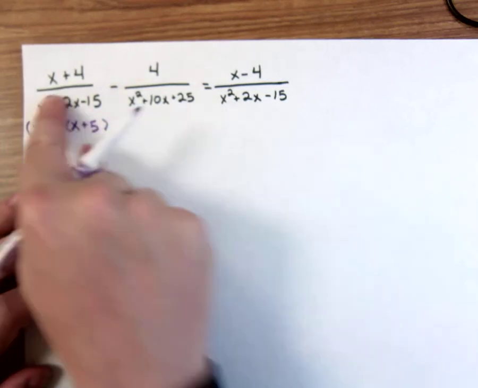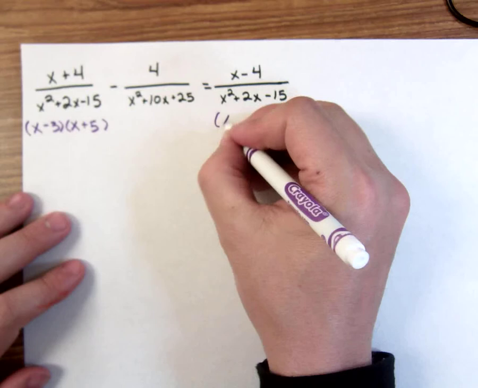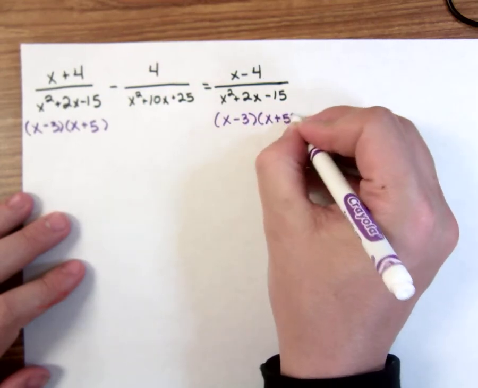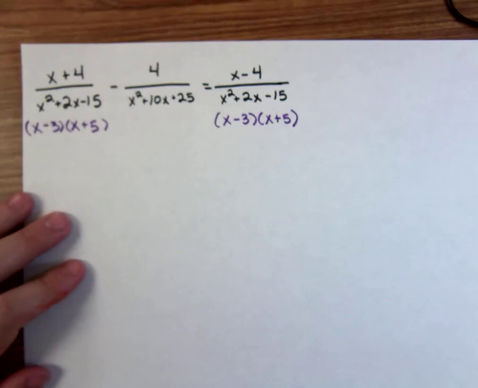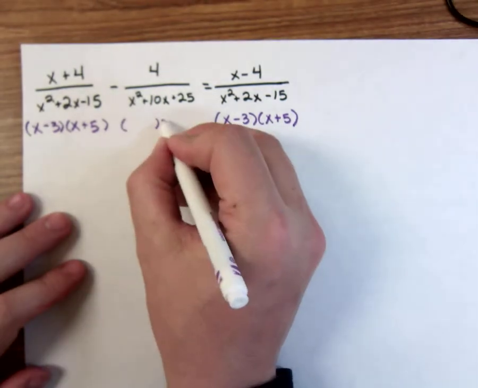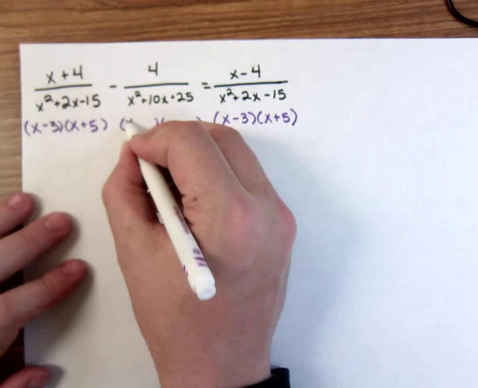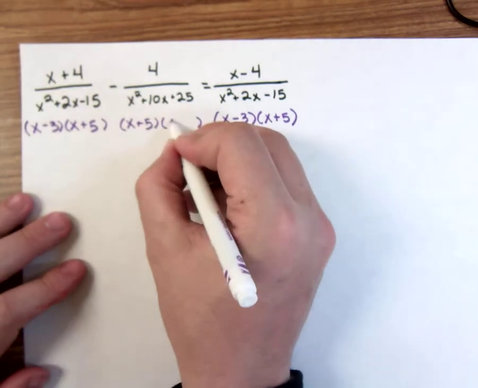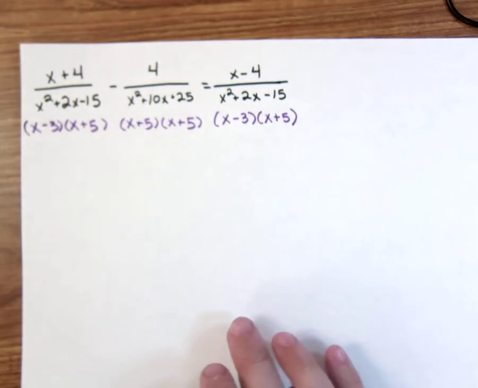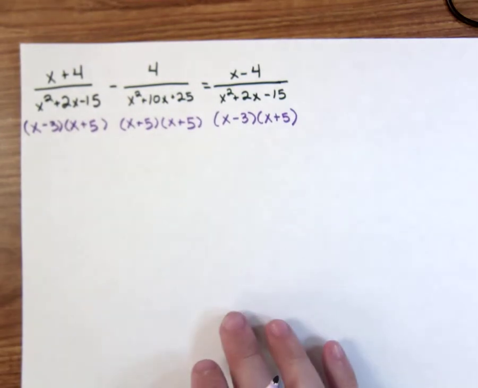Since these denominators were the same, this one is also x minus 3, x plus 5. And then this one is just x plus 5. That one's a perfect square. That works out pretty nicely.